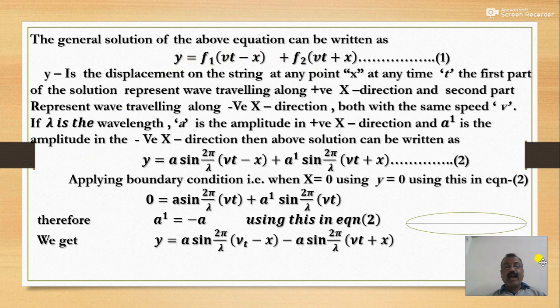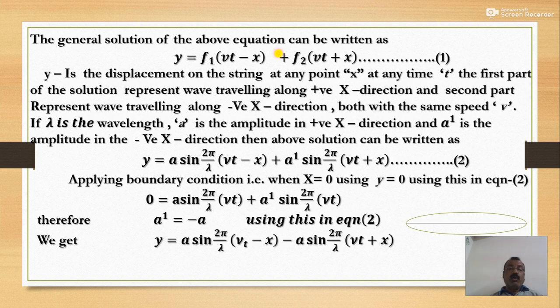In our last class, we have written the expression for the displacement of a wave which is moving along positive x direction, that is y1 is equal to f1 (vt minus x). The wave which is moving along negative x direction is given by f2 (vt plus x). That is, y is equal to y1 plus y2. We can write like this.